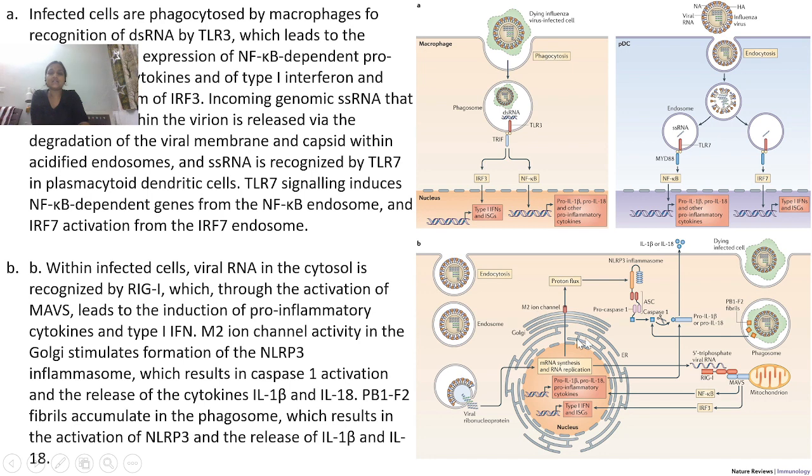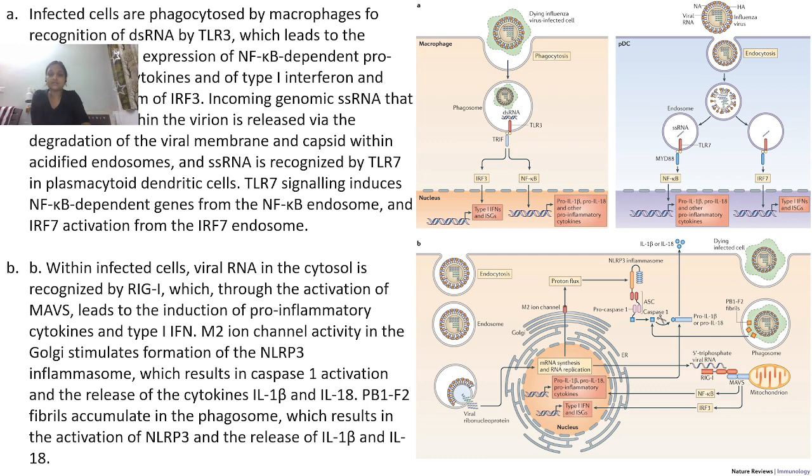Then M2 helps in the proton flux from the nucleus, and it stimulates the NLRP3 inflammasome formation, which ultimately leads to caspase 1 activation and release of different kinds of cytokines like IL-1 beta and IL-18.